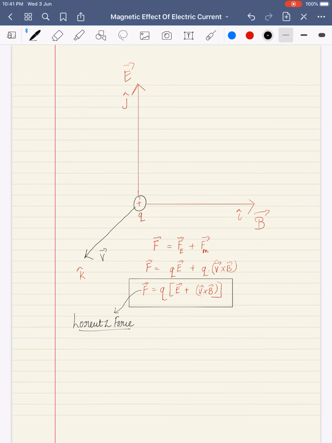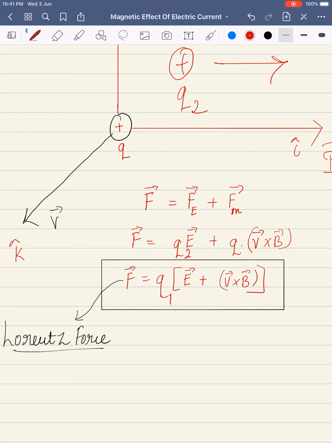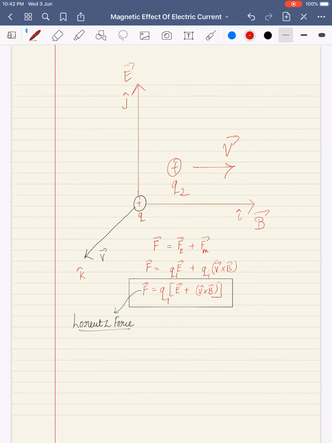Okay, now let us say the charge is moving parallel to the magnetic field. So what will happen?